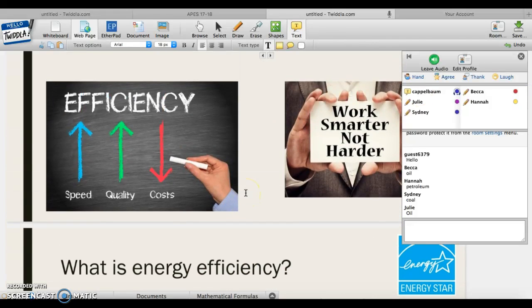So my question to you, if you guys could type into the chat box a little note, what is energy efficiency?